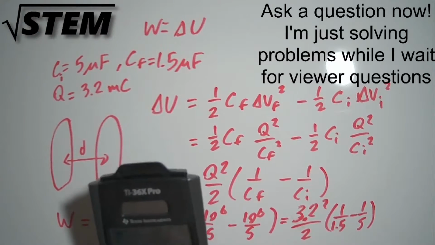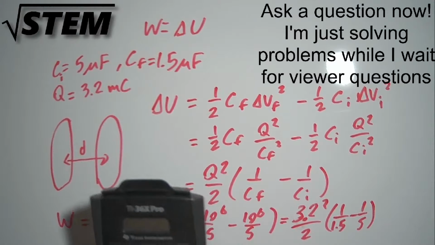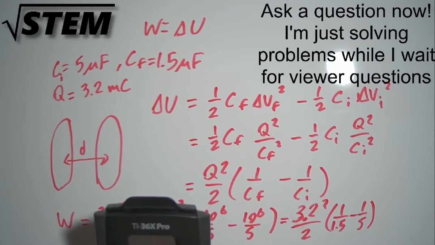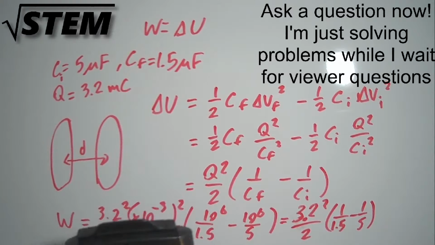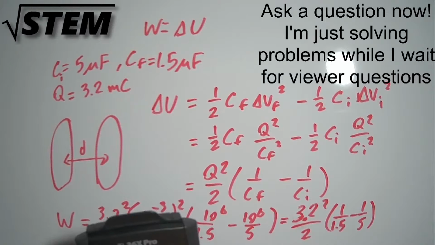So let's see, 3.2 squared, divide that by 2, take 1 divided by 1.5, that's 1 over 3/2, so that's 2/3 minus 1/5.